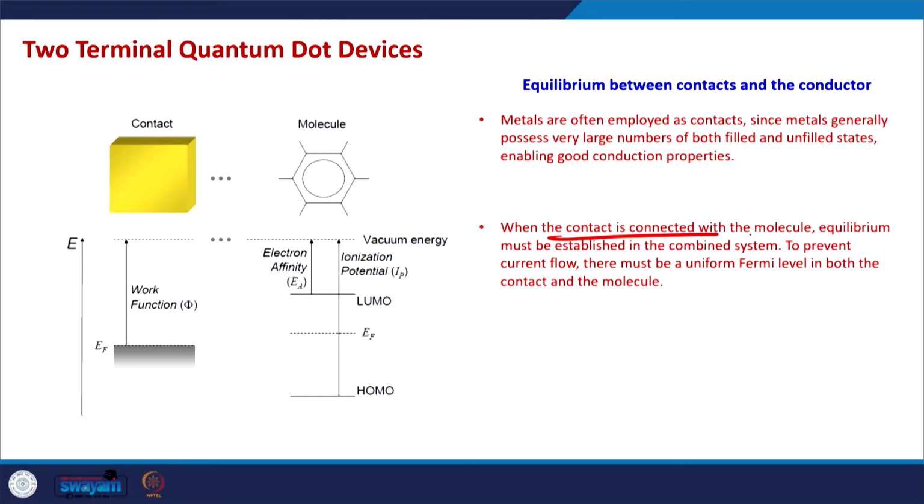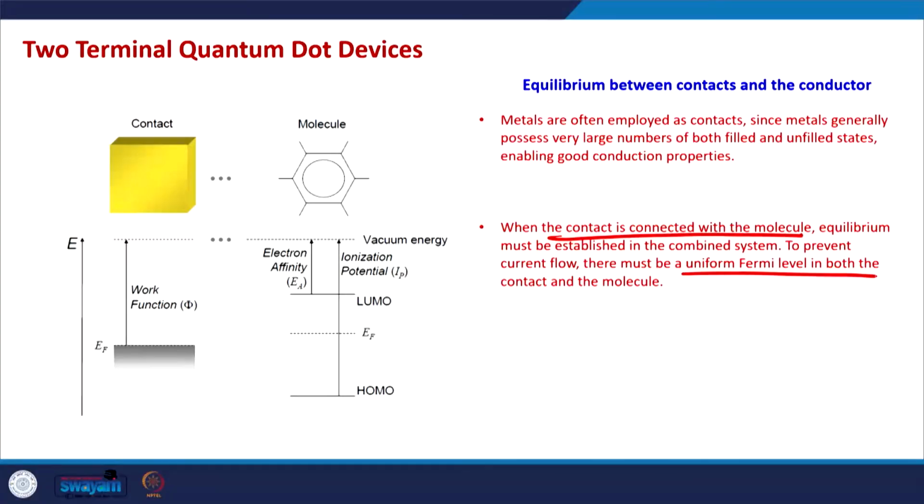When we put a quantum dot in touch with a metal, in equilibrium, what happens is, when a metal is connected to the molecule, first of all, equilibrium should establish. Equilibrium means very soon electrons will rearrange themselves across this metal and quantum dot in such a way that there is no net current in the system, which means that the Fermi levels of both the systems are aligned to each other.